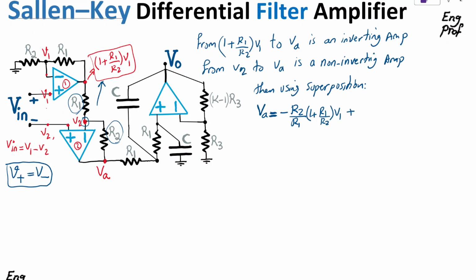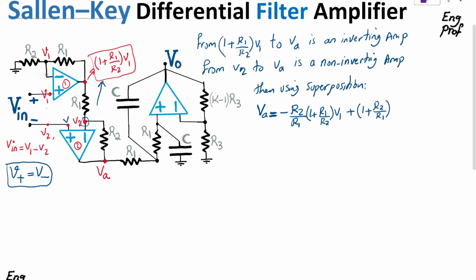Now, for the non-inverting contribution from V2 to VA, we have simply 1 plus R2 over R1, as expected. So it's 1 plus R2 over R1 times voltage V2 at the positive terminal.